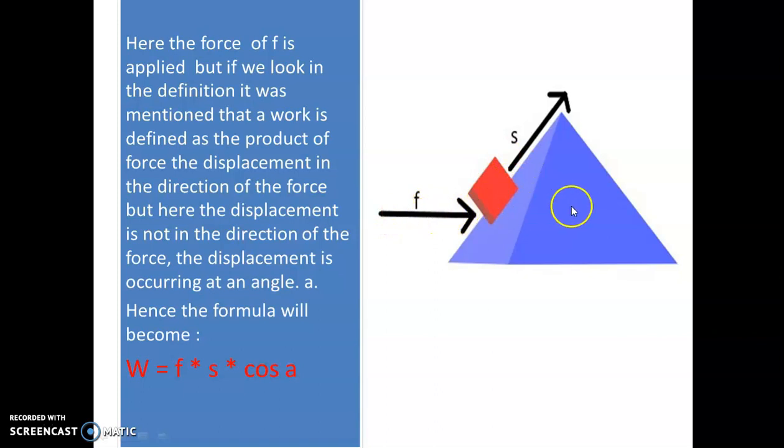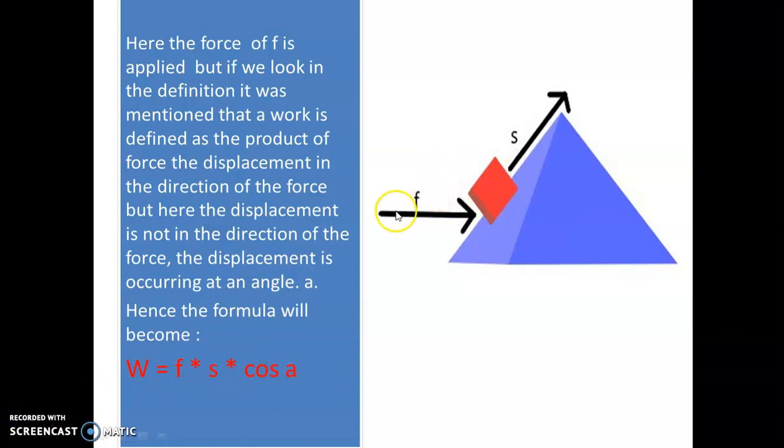The body should have moved like this, but here the body is moving like this. So is it moving in the direction of the force? No, absolutely not. It is moving in some other direction, even if the force is applied in some other direction. So what is the angle? The angle here is this one. So this one is the angle.